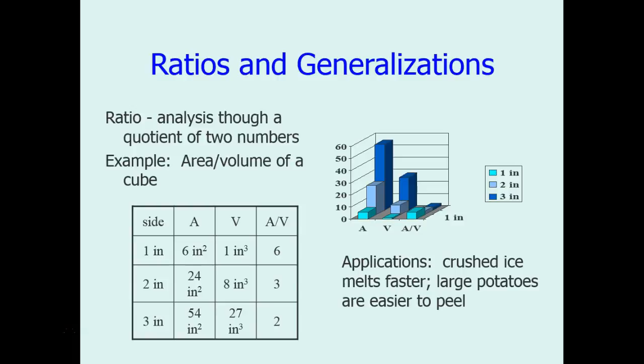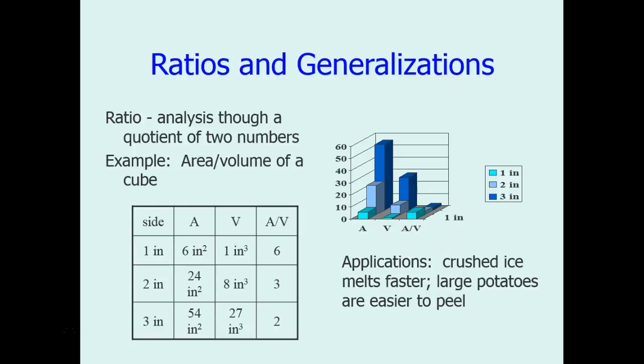If you go up to 3 inches per side, what's the area of one side? 3 times 3 is 9 square inches. How many sides do you have? 6. 6 times 9 is 54.